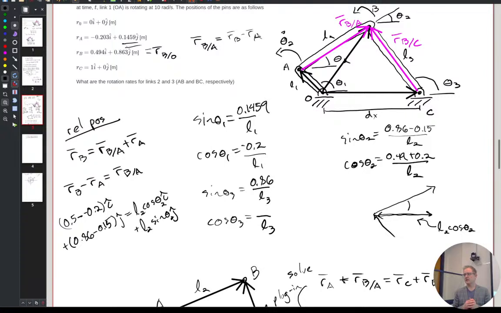What about for cosine theta 3? Minus 1. Only one to the right, and so we need to subtract it. Like 0.5 minus 1. What do we think?